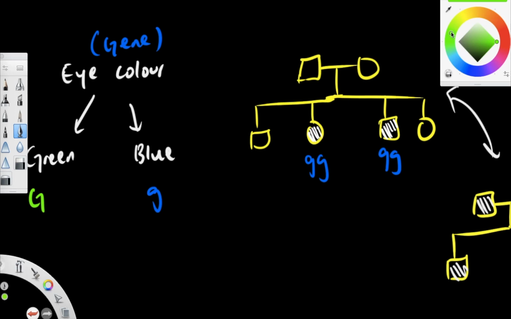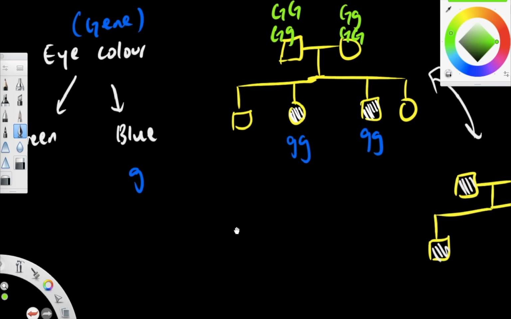So in the other cases, these parents are unaffected, so they could have such a genotype combination or such a genotype combination. Same thing for the mother. It could be capital G lowercase g or capital G capital G. But when you think about it, there's only one possible scenario these parents could have, and let's examine which it is.